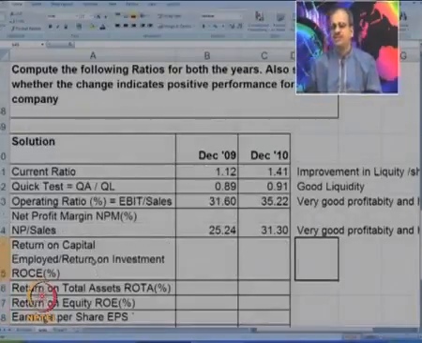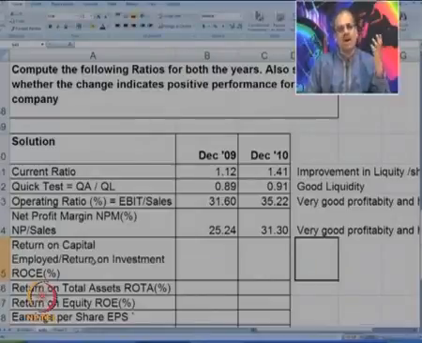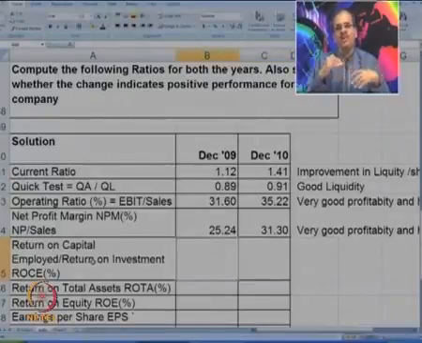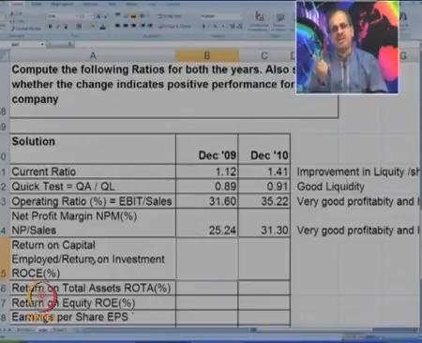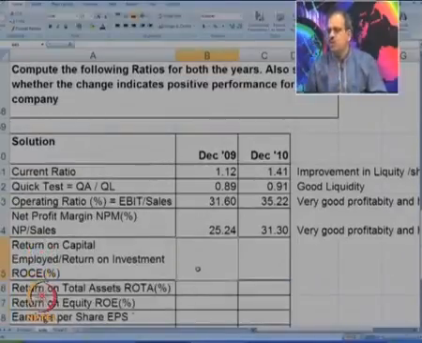Okay. Next one is return on capital employed or return on investments, popularly known as ROCE or ROI. Here we are trying to see what percentage of profit is earned on the money invested in the business. So, what is the formula? What would we try to link?